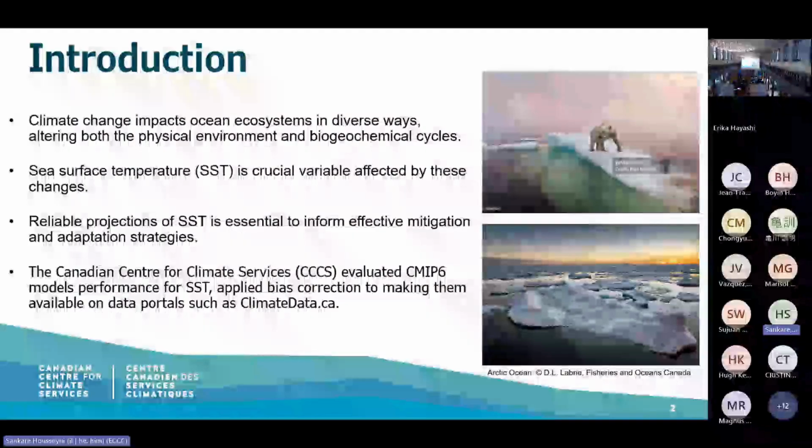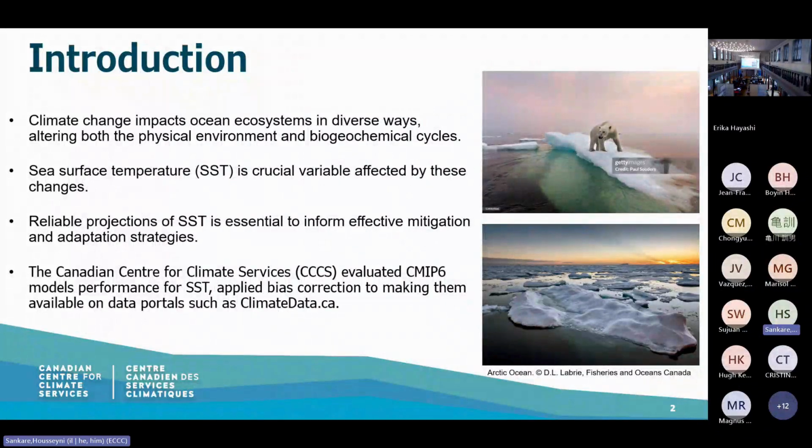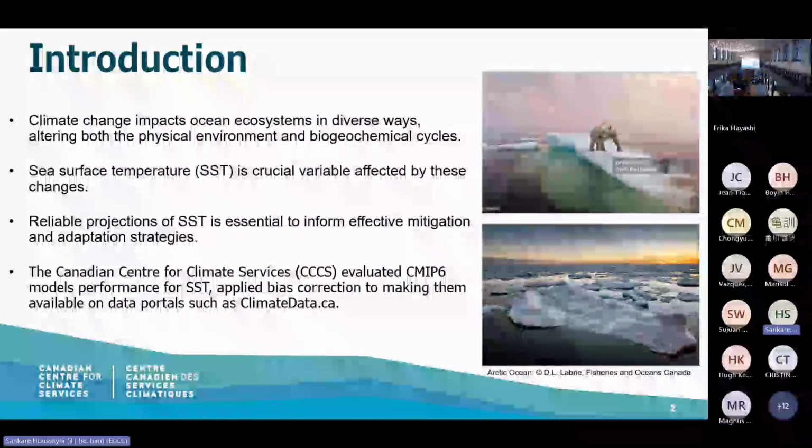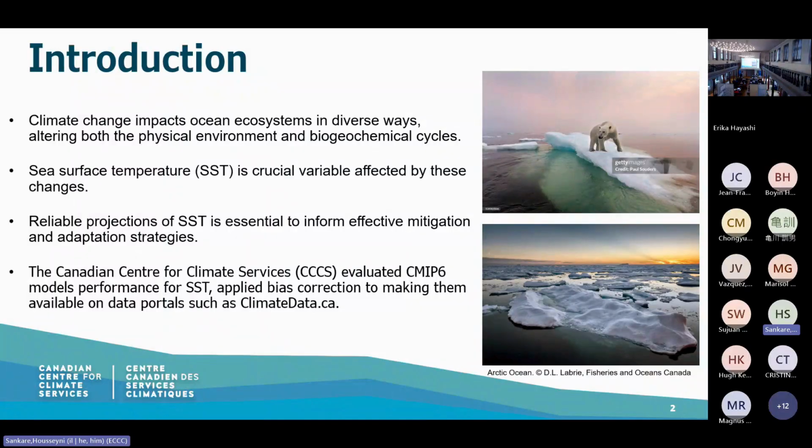Sea surface temperature is a crucial variable affected by climate change, so reliable projection of SST is essential to inform effective mitigation and adaptation strategies. The Canadian Centre for Climate Services evaluated CMIP6 model performance for SST and then applied bias correction to make the data available on our climate data portal, climatedata.ca.